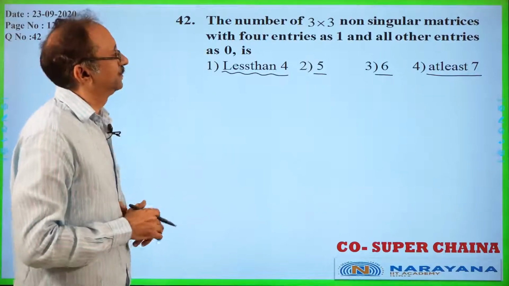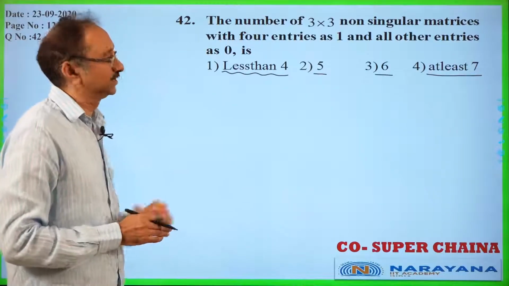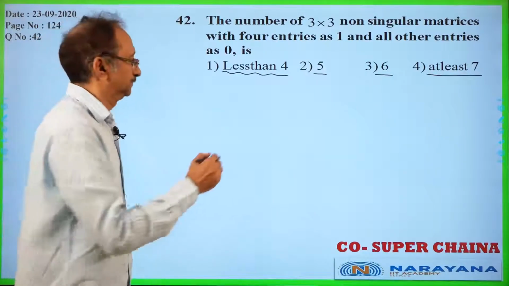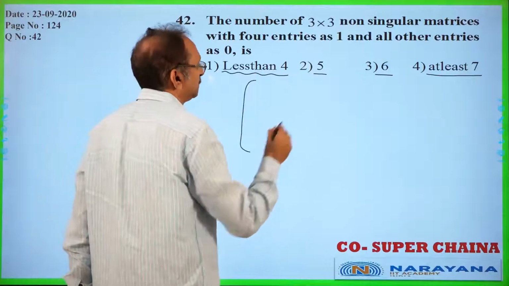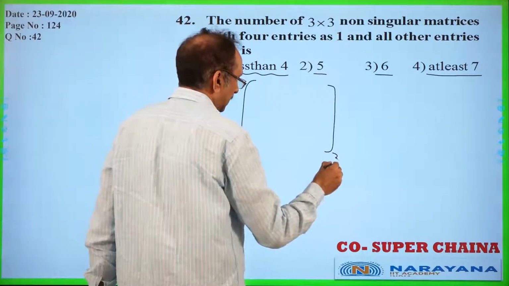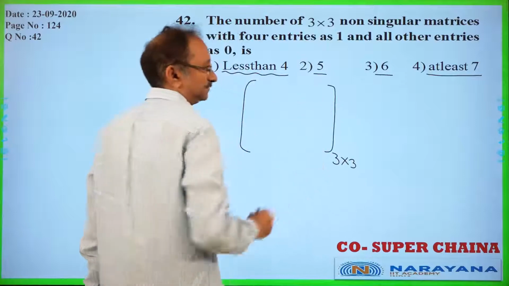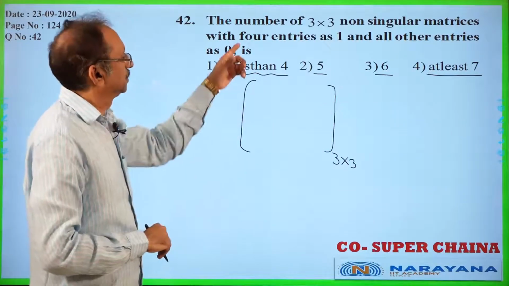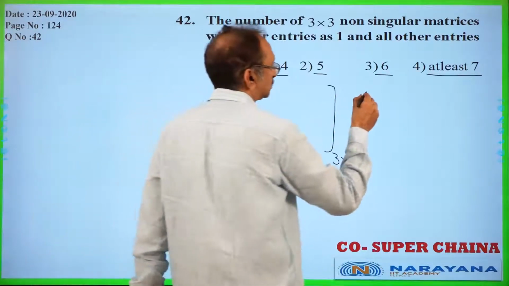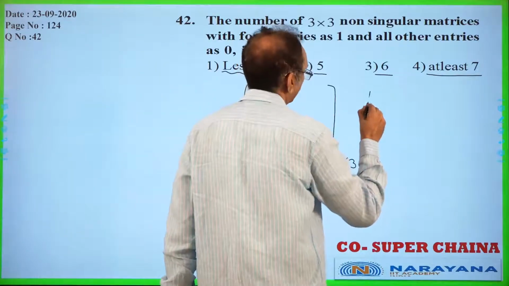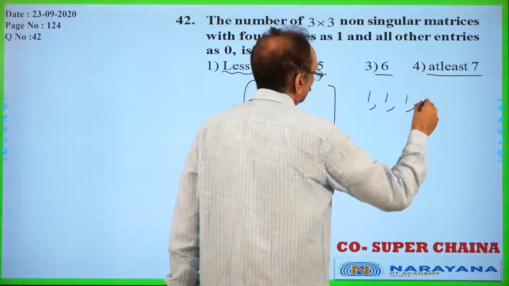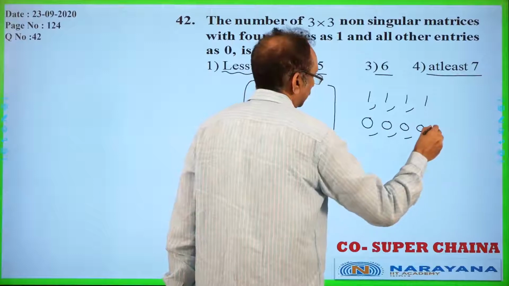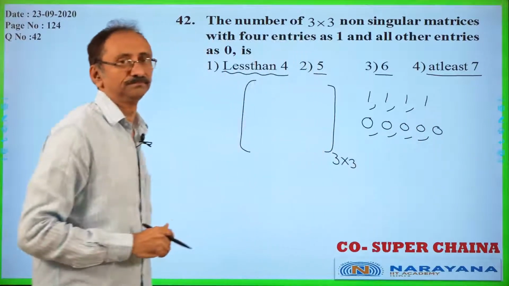See, the number of 3 by 3 non-singular determinants with 4 entries as 1 and all other entries as zeros. And a 3 by 3 matrix means it will contain 9 elements. Out of them 4 are ones, and the remaining 5 elements must be zeros.